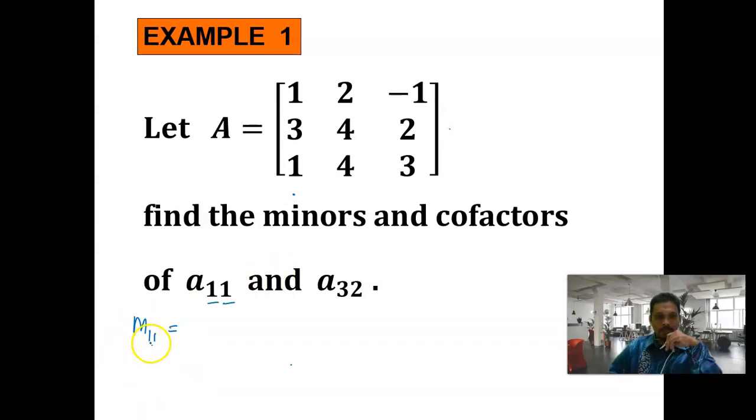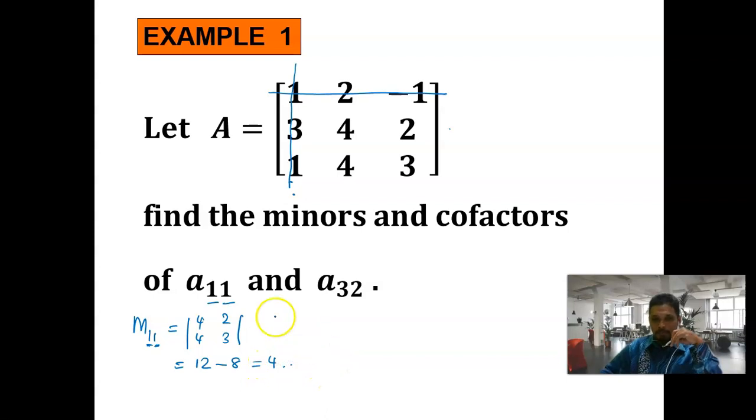For minor 11, we delete the element in row 1 and column 1. What you see here now is 4, 2, 4, 3. So 4 times 3 equals 12 minus 2 times 4 equals 8. So 12 minus 8 equals 4.